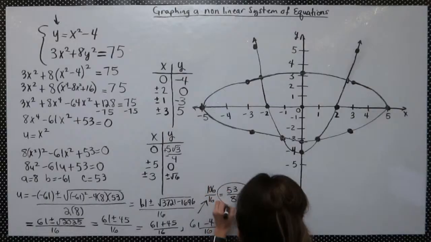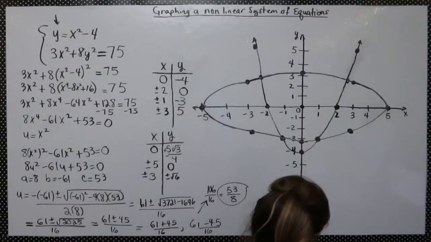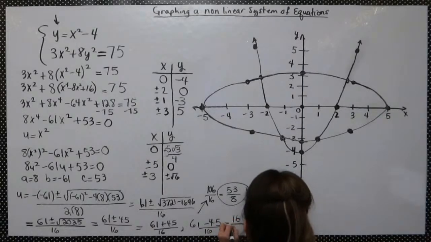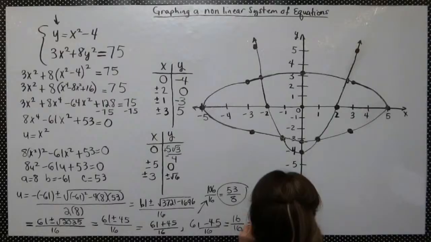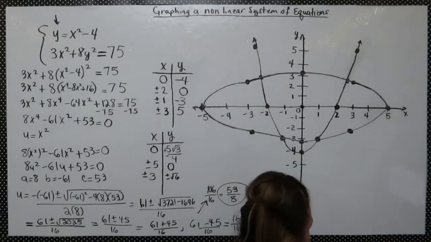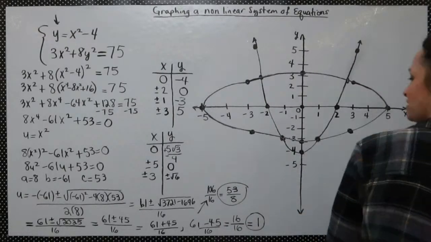So we'll circle that one. And then this one, oh, nice. That's 16 over 16, so it reduces down to 1. Nice. So that tells me that it did factor. I just couldn't see the factors, which is okay.